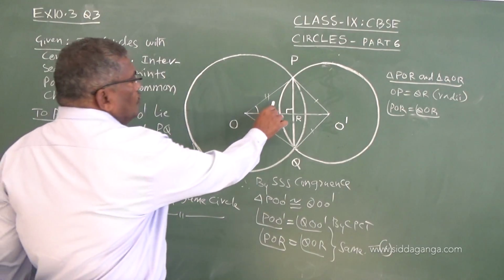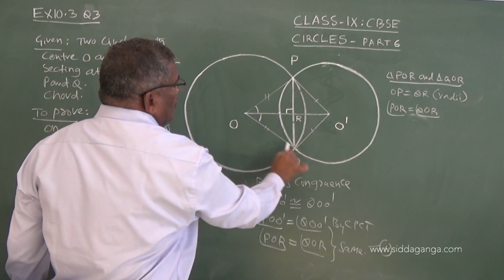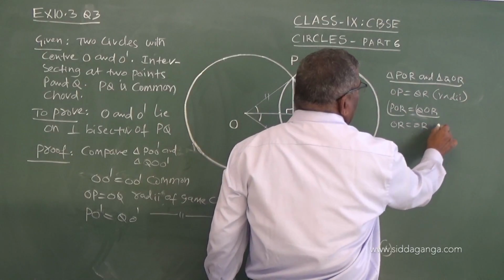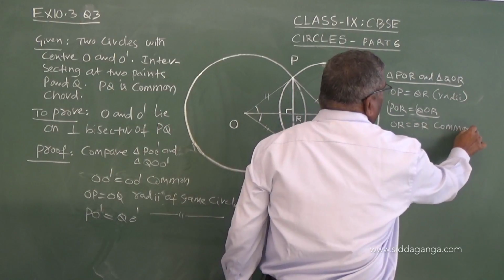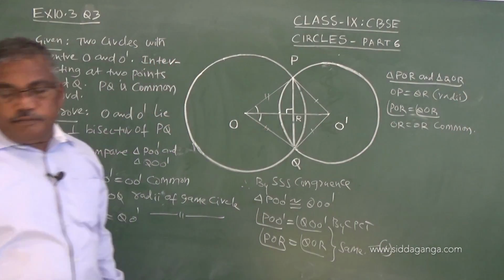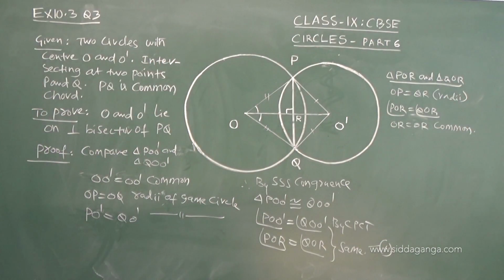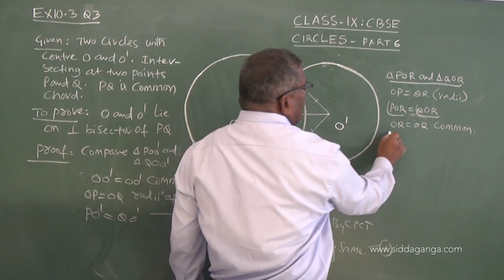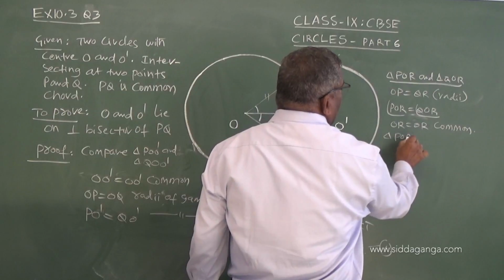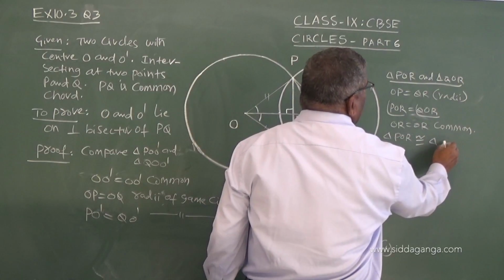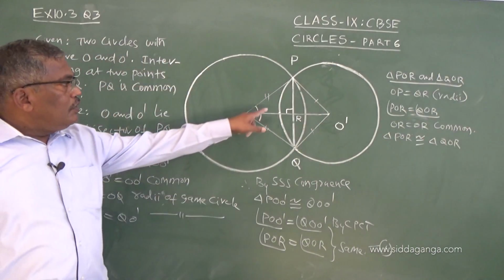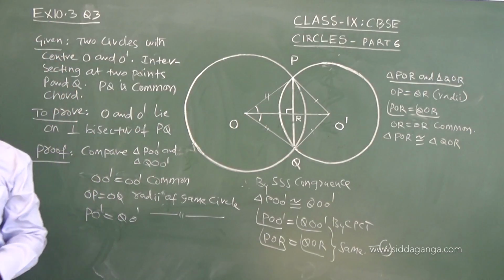Now you can see in these two triangles, OR equals OR, it is common. So therefore with this data we can say triangle POR is congruent to triangle QOR.